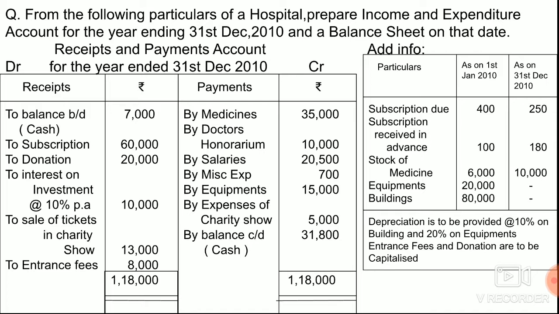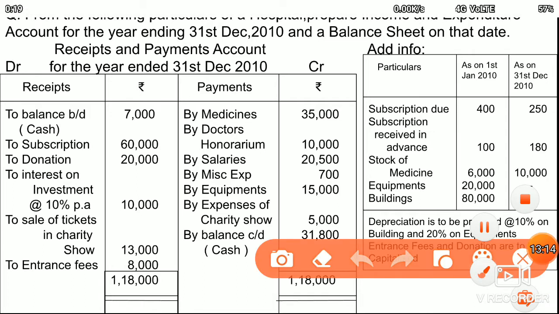For preparing the opening balance sheet, we need the assets and the liabilities of the previous year's ending. For that, we have to take the information from the receipts and payments account and the additional information. So let me start by preparing the opening balance sheet first to calculate the capital fund. To calculate the capital fund, we find all the assets and all the liabilities of the previous year.